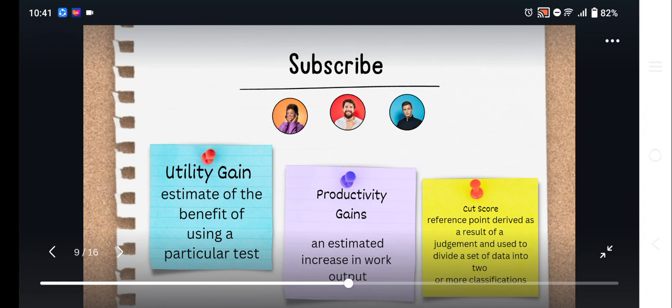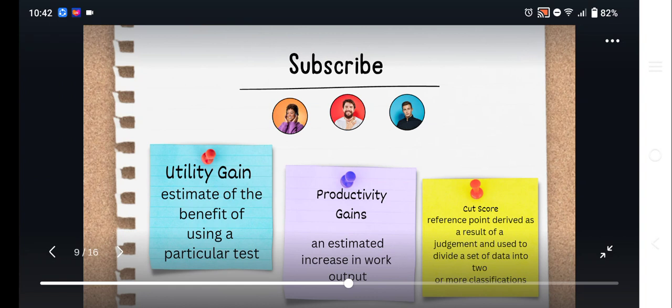Some particular considerations is the cut score. In the US, cut score. I think a distinction can be made between a relative cut score and a fixed cut score. Okay?